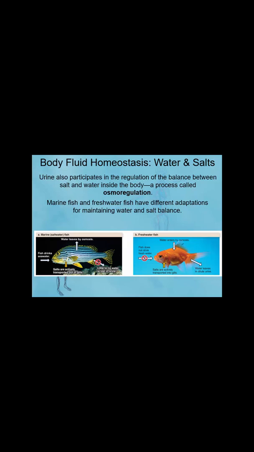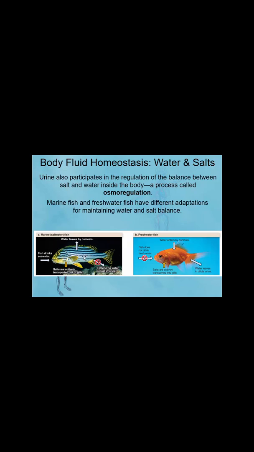Okay, and there's two types of water on our planet. There's salt water and there's fresh water. Now inside each fish is a solution of solutes in the solvent water inside their bodies. Now, in a saltwater tank, the solute percentage in the water is higher on the outside than on the inside.